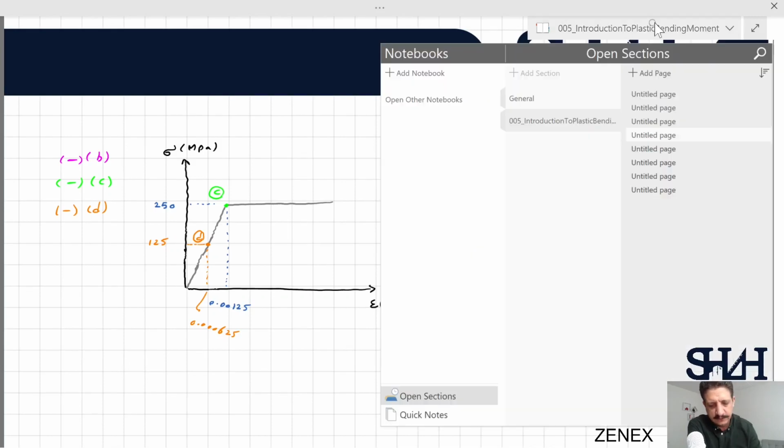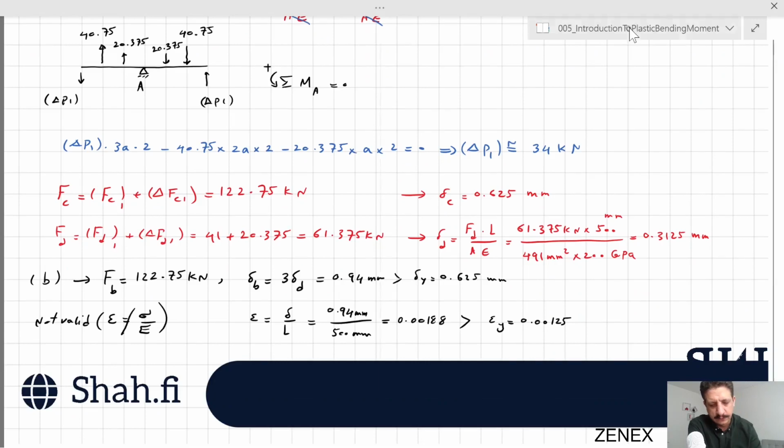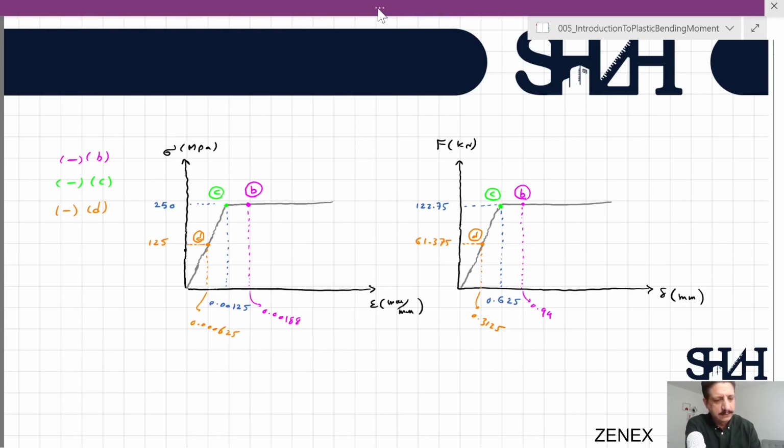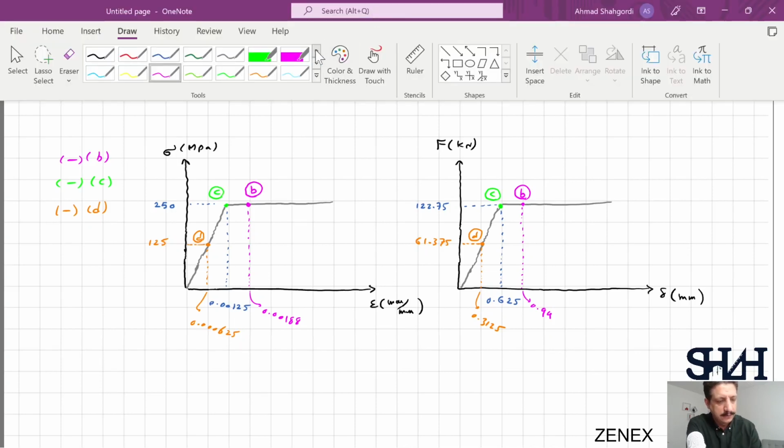And also S-strain we calculated, and it was 0.00188. And now we can calculate what is the force at this stage that we applied to the system.